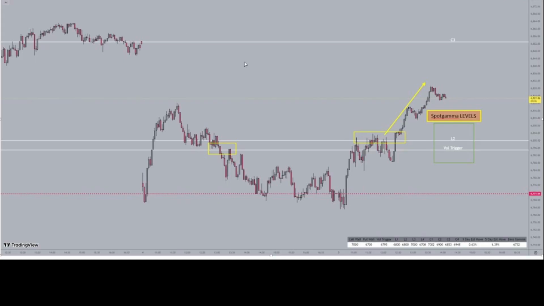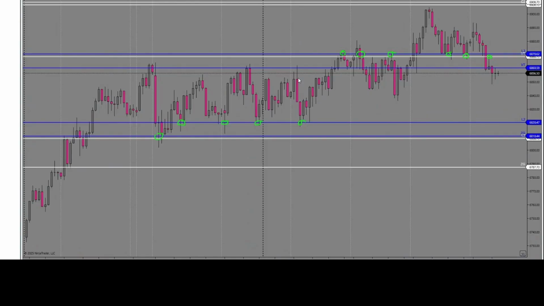Here's another example. See how the price retests 1, 2, 3, 4, 5 times the L2 for the SPY gamma level.